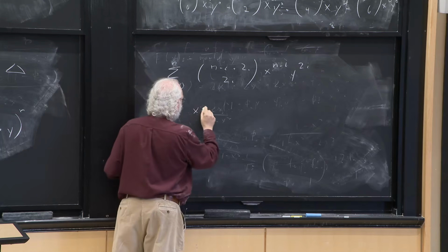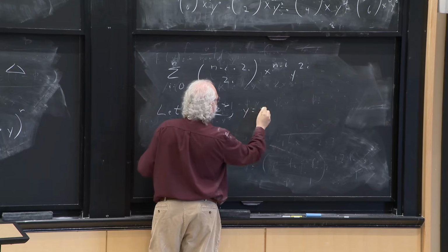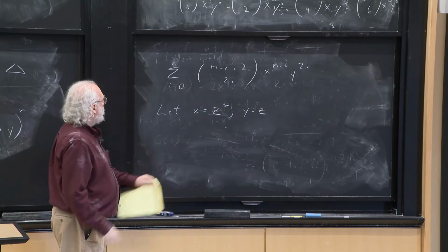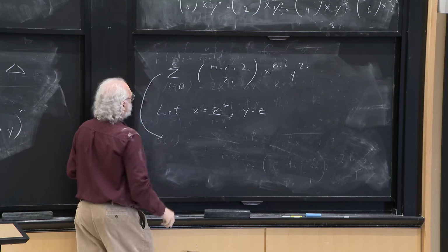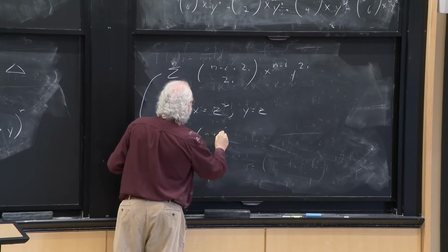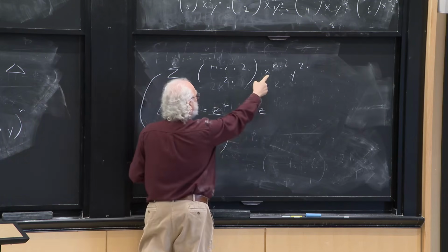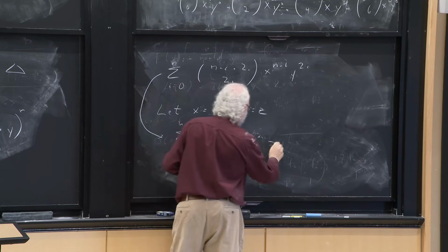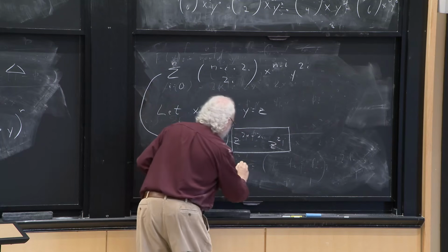Let x equals z squared, and let y equal z. So now this becomes the summation, i equals 0 to n, n plus i choose 2i, z to the 2n minus 2i times z to the 2i, and this is z to the 2n.